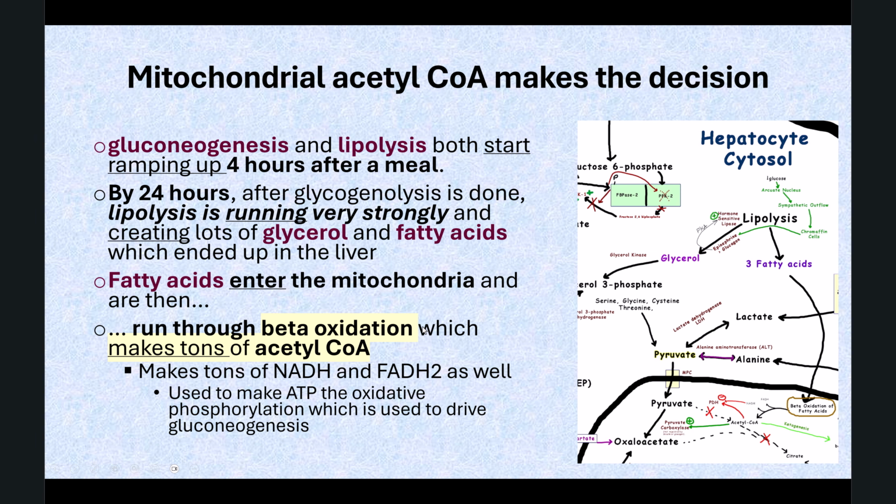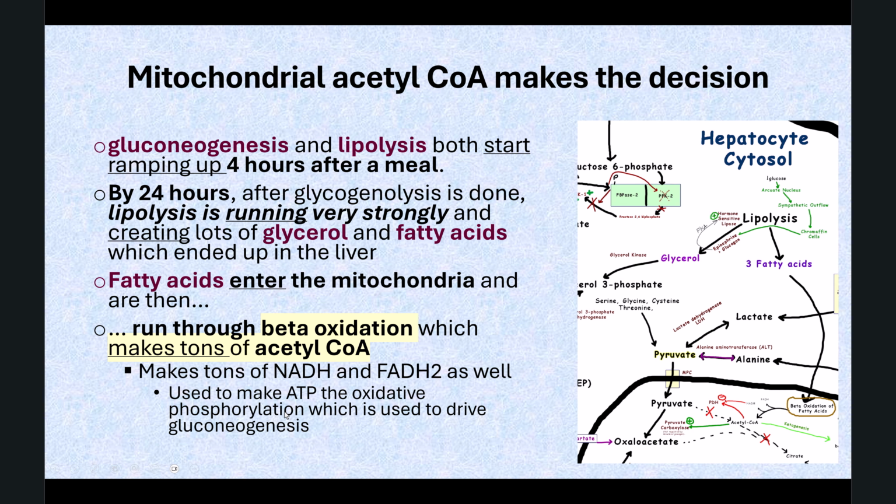So everything I said right here, yeah, beta oxidation makes tons of acetyl-CoA, makes tons of these electron carriers, NADH and FADH2, and we can use those to make ATP by running it through oxidative phosphorylation. Remember, oxidative phosphorylation is a combination of the electron transport chain and the ATP synthase process.